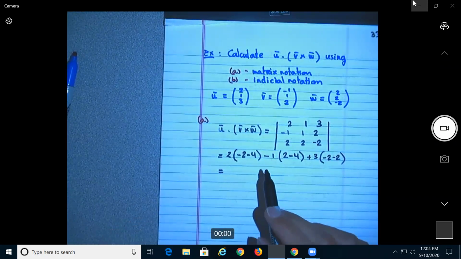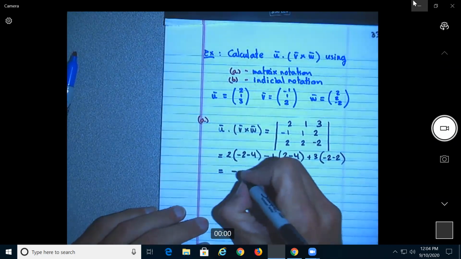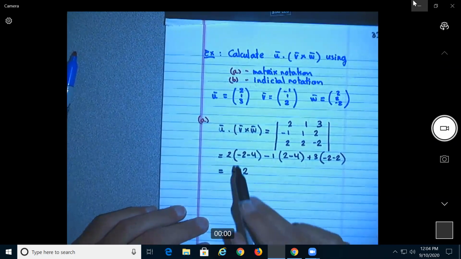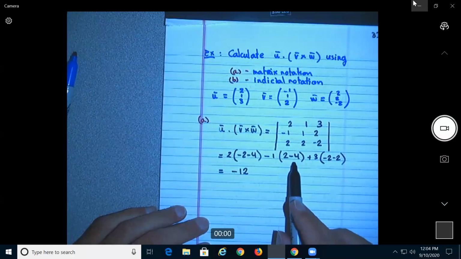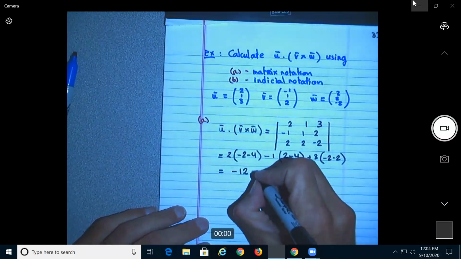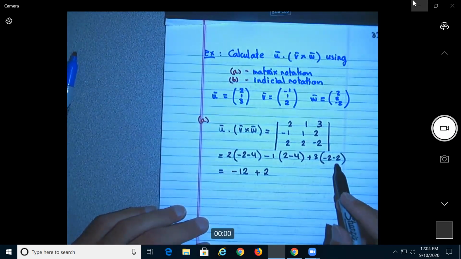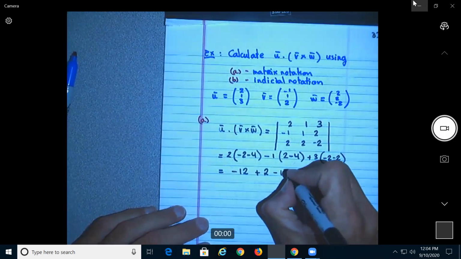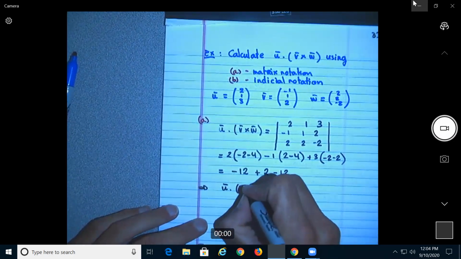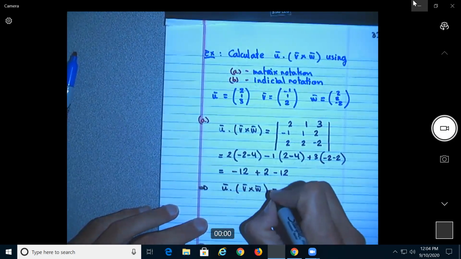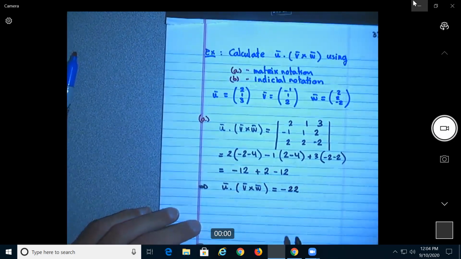So this will be minus 12, this is minus 6 times 2. This will be minus 2, so plus 2. And this one will be minus 12. So at the end, we're going to get that U dot V cross W will be equal to minus 22.